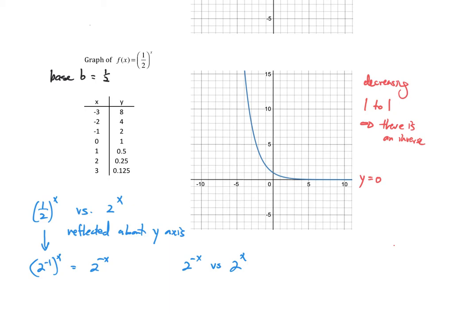And when you look at this, we're just multiplying the x coordinate by -1. So that action of multiplying the x coordinate by -1, this is what causes the horizontal reflection.